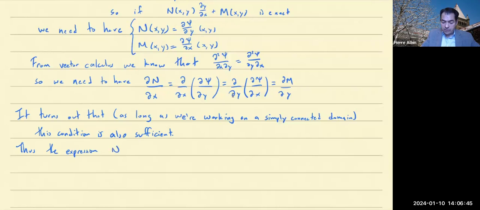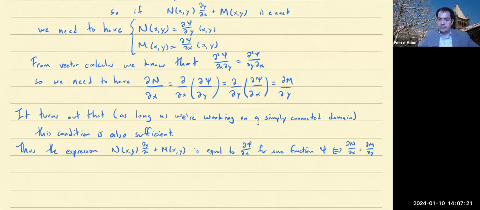Thus, the expression N(x,y) dy/dx plus M(x,y) is equal to the derivative of psi with respect to x for some function psi, say on the interior of the ball in R2, if and only if the derivative of N with respect to x is equal to the derivative of M with respect to y.